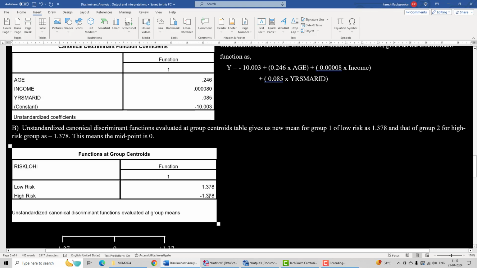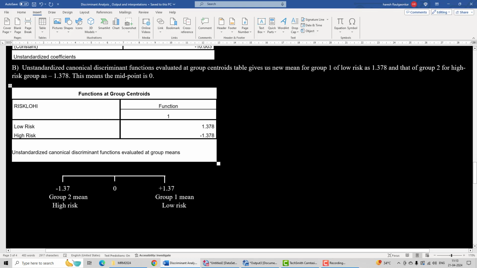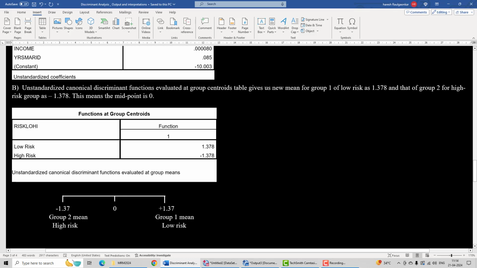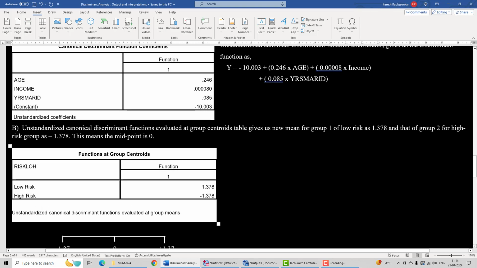So my decision rule is like this: if the value of Y is on the positive side of 0, where 1.378 is the mean of low risk, I can classify them as low risk. Whatever falls on the negative side of 0, I have to classify as high risk customers. So this is the rule, and the Y value will be compared against it.